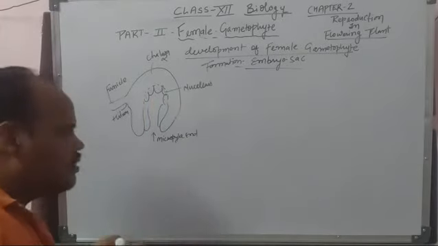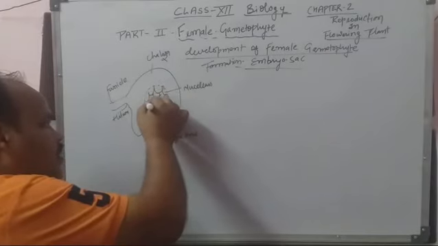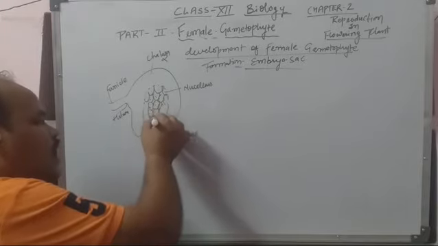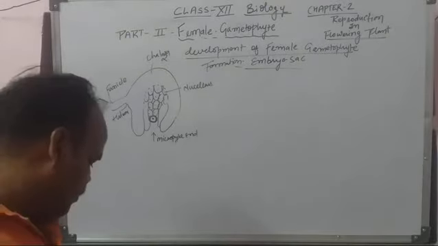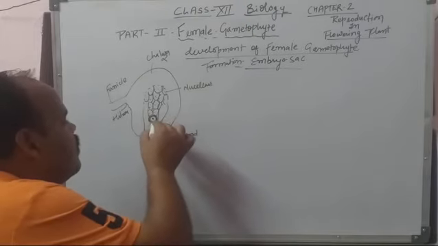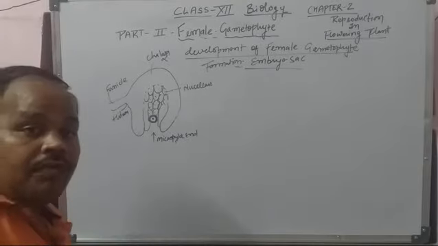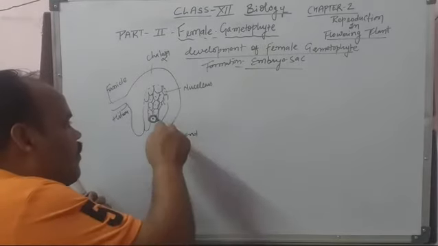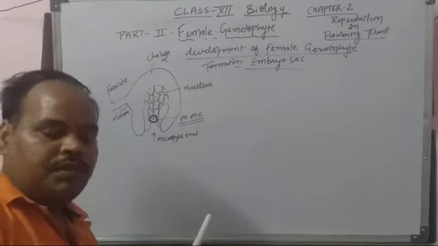Various types of cells are blocked in the nucellus part, but in this structure one cell is called the megaspore mother cell, and that is represented here.